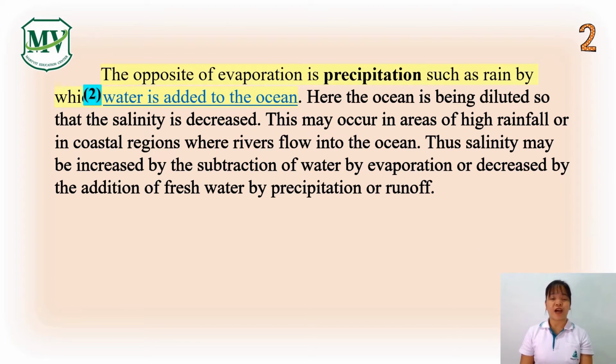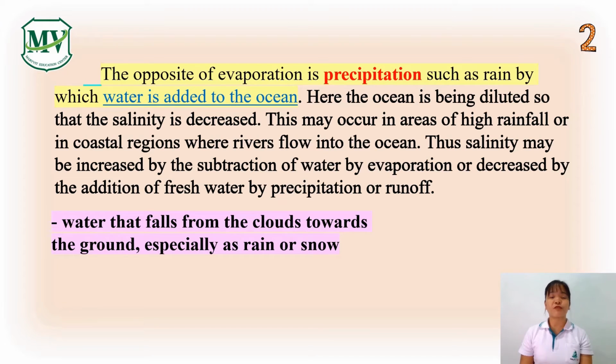So, let's define precipitation first. Precipitation is the water that falls from the clouds towards the ground, especially as rain or snow. As the water is added to the ocean, the salinity will decrease.